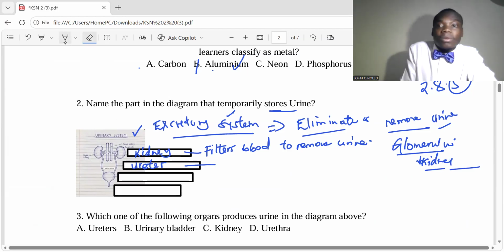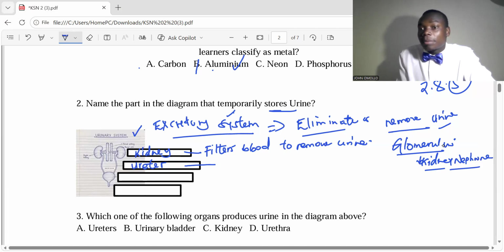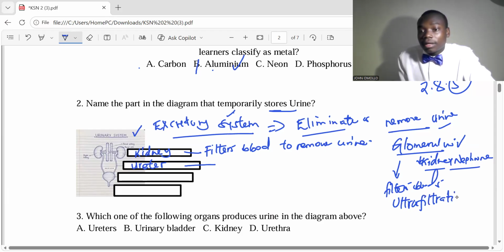You learn more about the kidney nephron when you further your studies. So the kidney has some parts referred to as the glomerulus. This part filters blood. So we call it ultrafiltration. Ultrafiltration is what happens within the glomerulus.